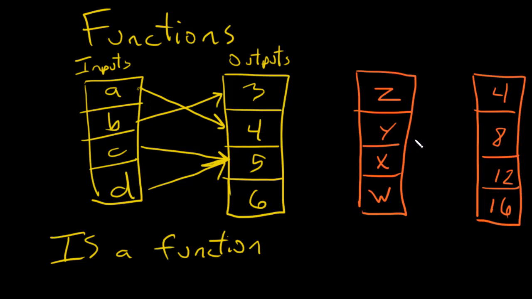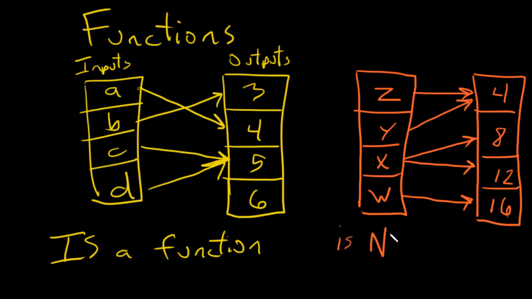Alrighty, so far so good. Still so far so good. But the second two arrows come off of X, where X is pointing to more than one value, it's pointing to 8 and 12. This is not a function. Doesn't matter what W does at this point. W can just maybe point straight ahead. But this is not a function, which I will abbreviate as func.